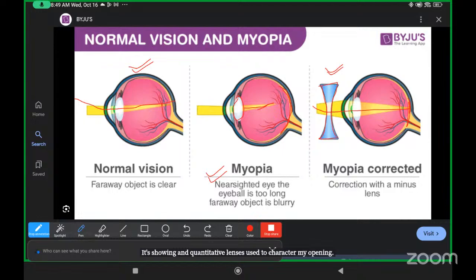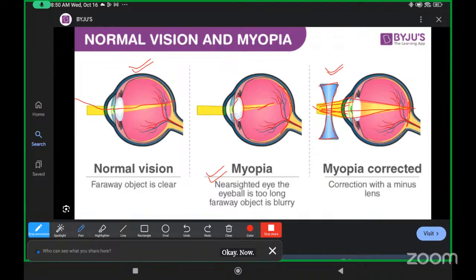Now, what happens? It causes the light rays to spread out before they hit the eye lens. Can you see this spreading out? And then it leads the rays to focus on the retina. It is not convex, it's concave. We use concave to correct myopia.